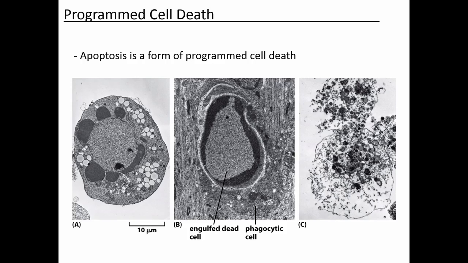When would a cell want to undergo apoptosis, or what could cause it? One thing could be unfixable DNA damage. If you have a cell in your body that has DNA damage that can't be fixed, you don't want that cell in your body anymore because that could lead to something like cancer or other types of diseases.